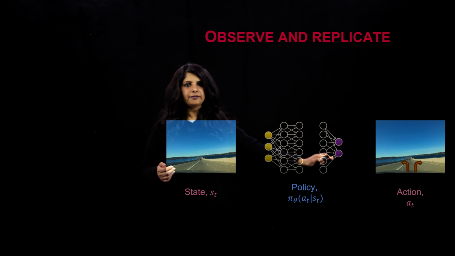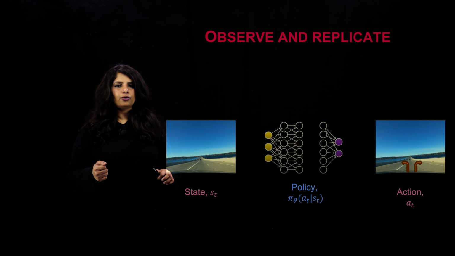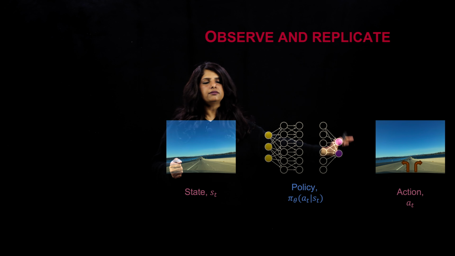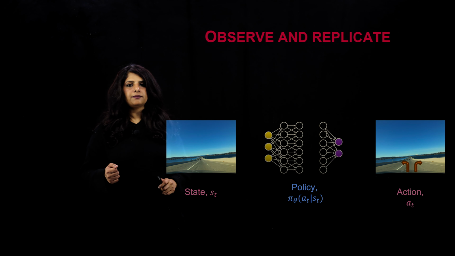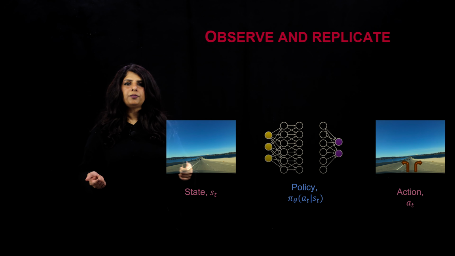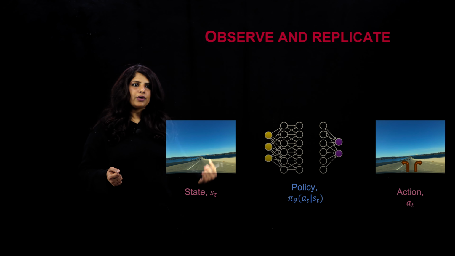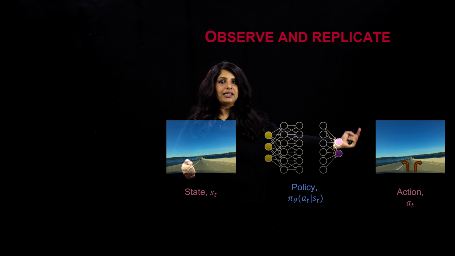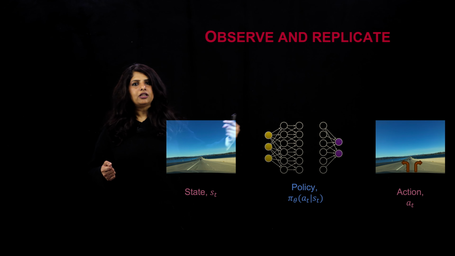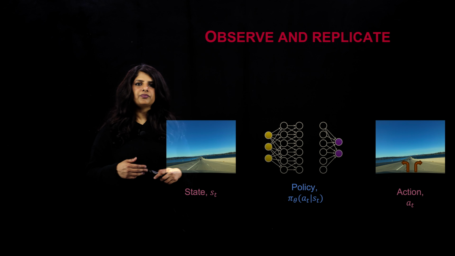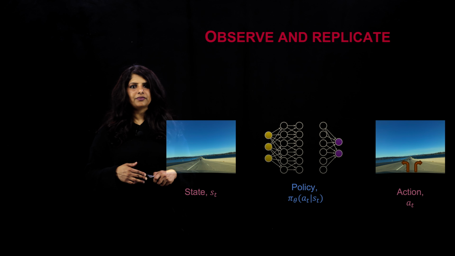If you think about it, all we're looking to do is just have the agent observe and replicate what the demonstrator is showing. Another thing to note is in trying to have a certain action associated with these states, we can think of this problem to also be one of supervised learning because we have an input, we have the corresponding label for the input, and we can use a lot of the tools that we already have ready from the supervised learning world.